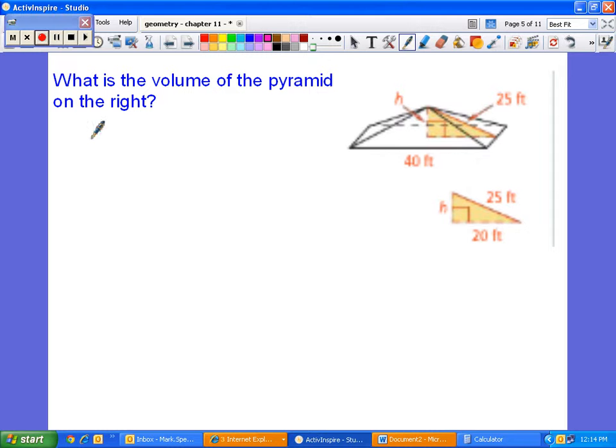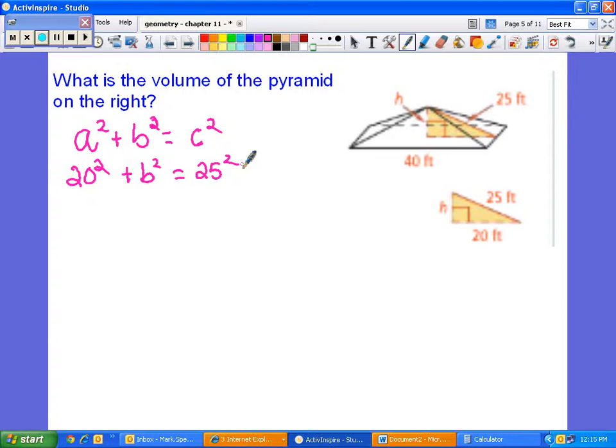So we start off with our Pythagorean theorem. A squared plus b squared equals c squared. We have a, 20 squared plus b squared equals c squared, equals 25 squared.